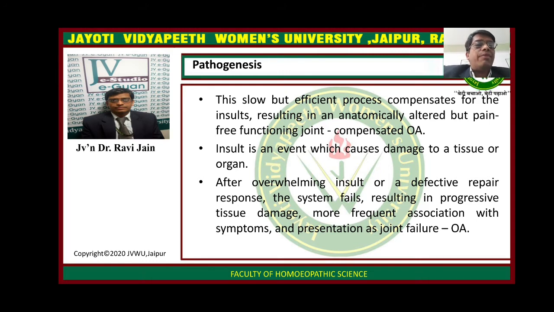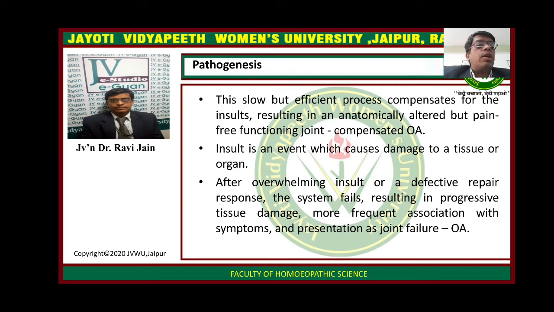So basically, development of osteoarthritis is a slow and efficient process which compensates for the insults, resulting in anatomically altered but pain-free functioning of the joint. There is compensated osteoarthritis. So what is an insult basically?